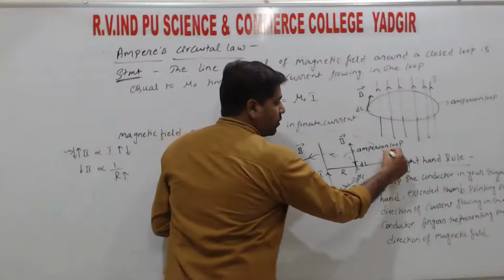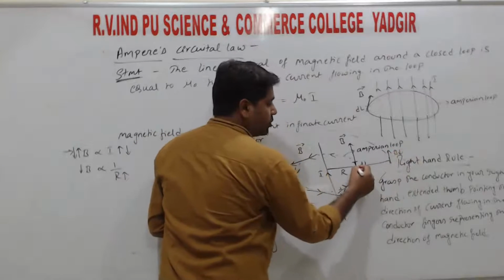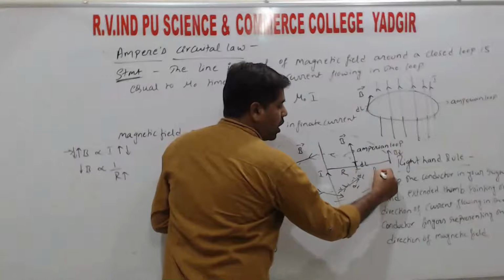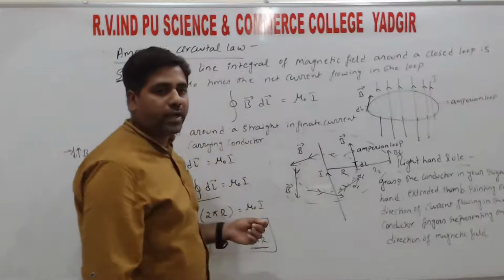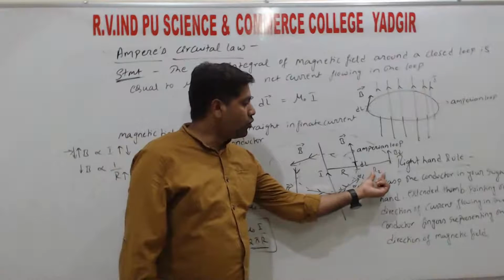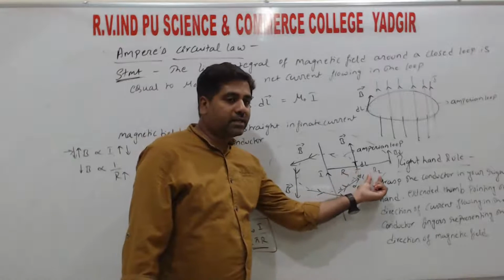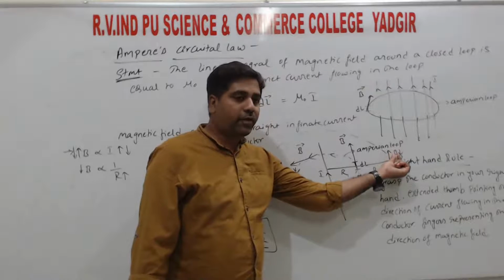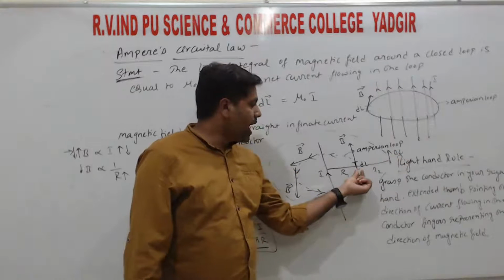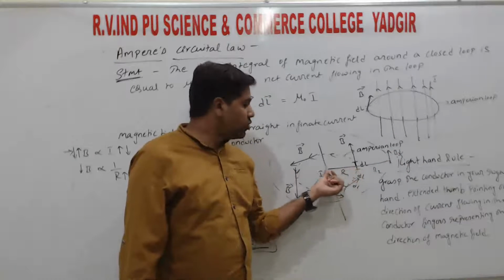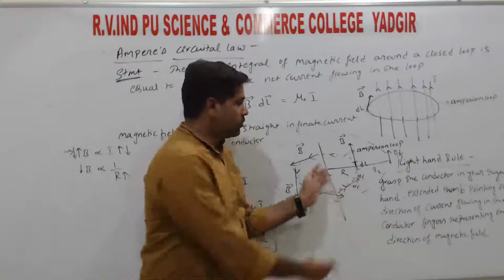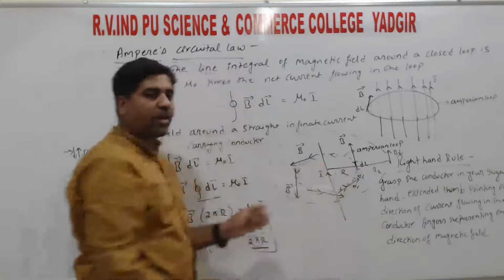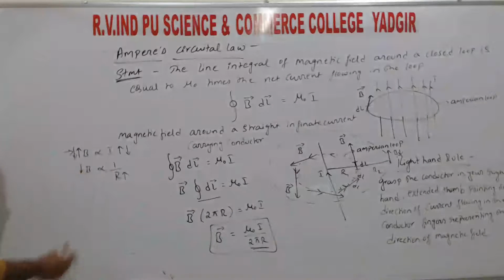Here the magnetic field strength is lower as compared to that at R1. R1 and R2, we consider 2 points. R2 is greater than R1, so the radius is larger, which means the magnetic field strength is lower. Nearer to the current carrying conductor, the magnetic field is higher, right?